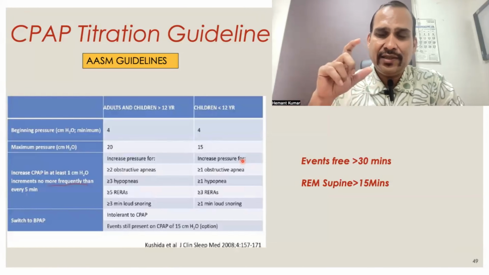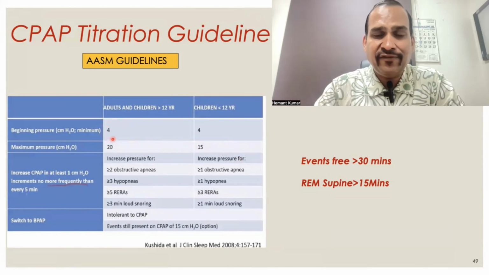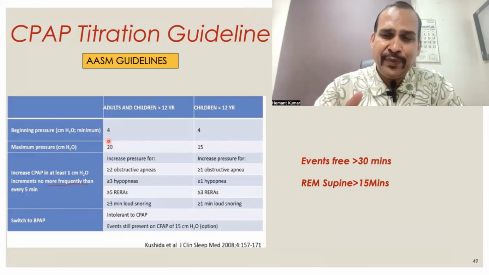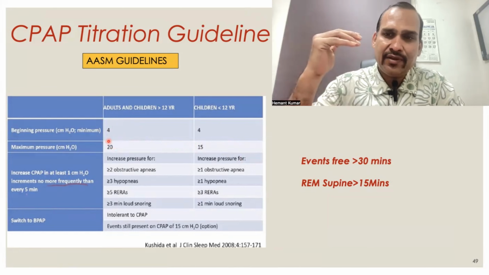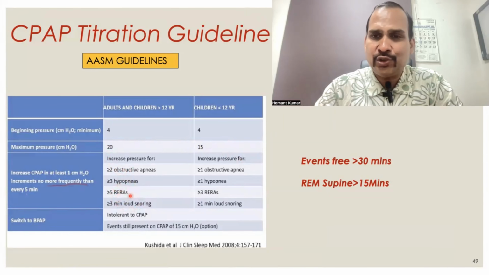So how to do CPAP titration? We start CPAP at 4 centimeters of water, and increase the pressure by one each time. We look for apnea, hypopnea, RERA, and snoring.